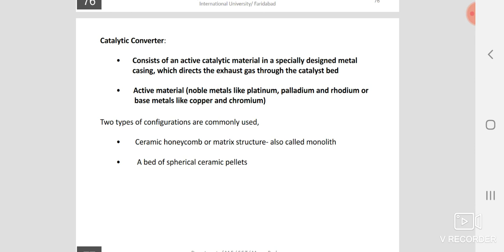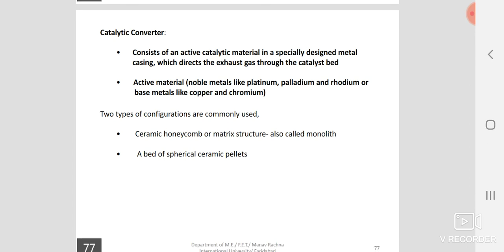Of course, if you are interested in research and such other studies, then you can go into more details of this: what types of atomic reaction take place, what type of molecular reaction takes place, what is the effect of that, what are the products. But being mechanical engineers, we restrict ourselves to finding out how we can reduce the pollution to the maximum.